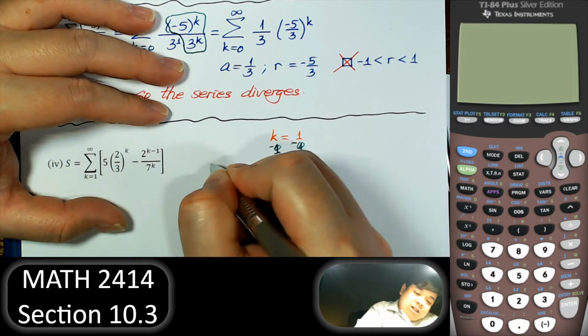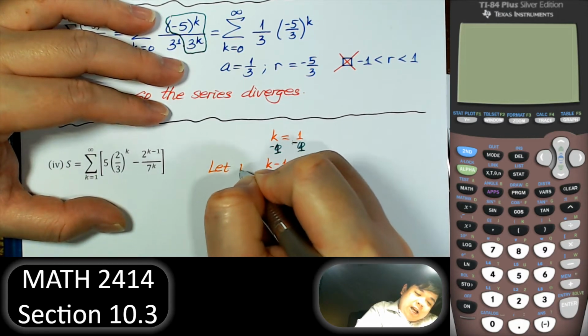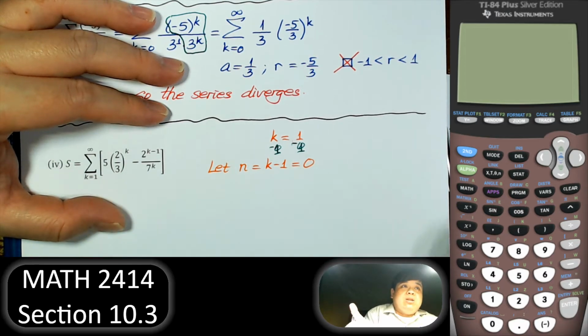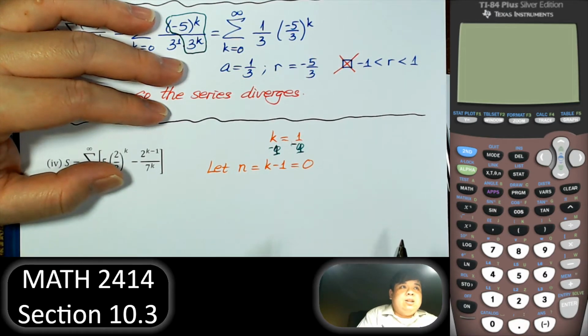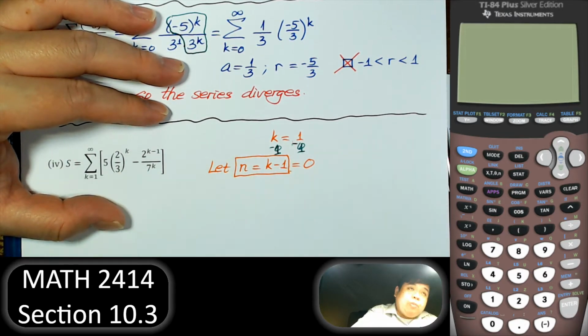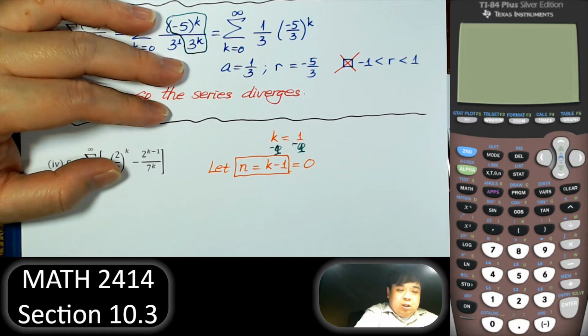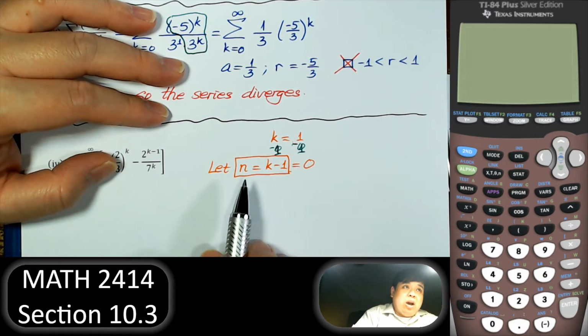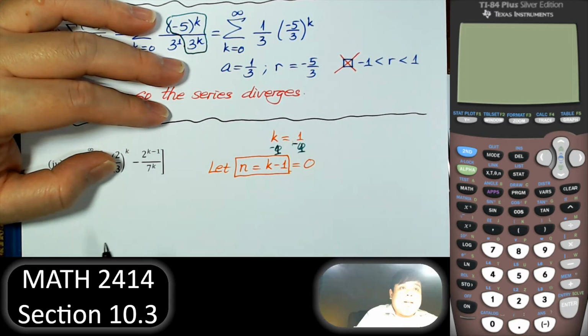And we're going to let n equal to that. So n is, we start from 0. That is what we let n equal to. So subtract 1 on both sides gives us 0. So n will start from 0 and increase.